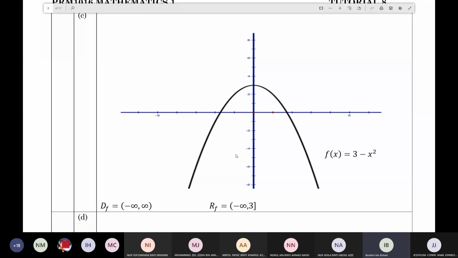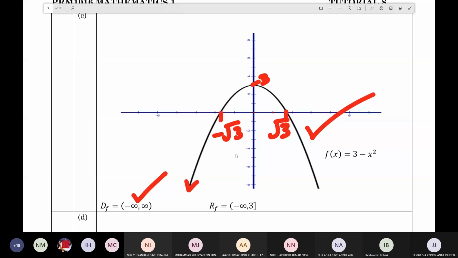Vertex here at the 3, the maximum point. You label. And x here equals to the plus minus 3. Okay, here. Domain and the range of the function bottom up, from the negative infinity to y here equals to the positive 3. Dia jadi macam ni ya, bottom up ya.